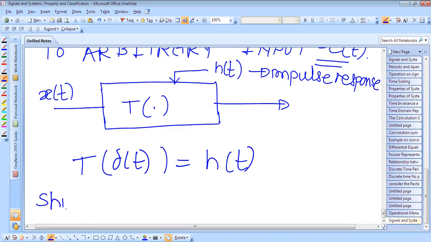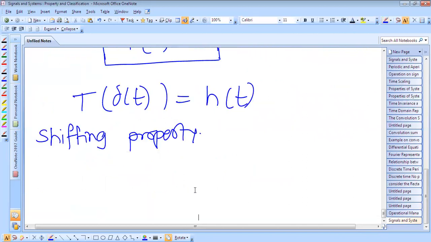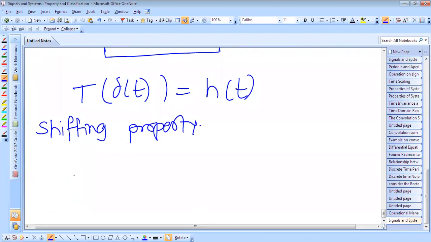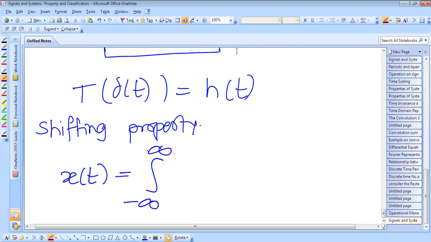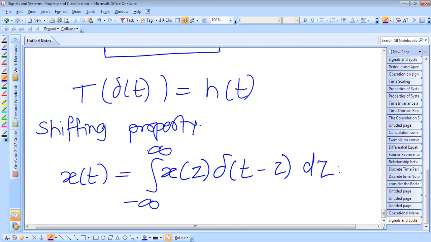So the shifting property is x of t, that is the input to the system, is the integral from minus infinity to infinity x of tau delta of t minus tau d tau.